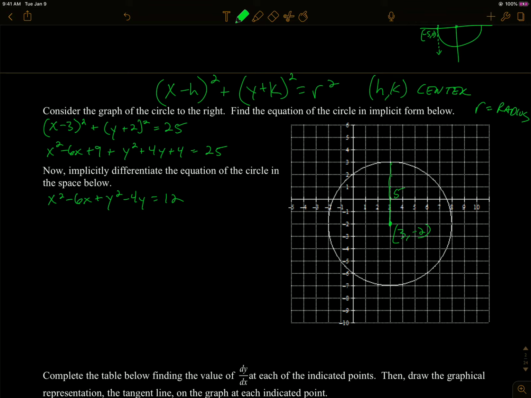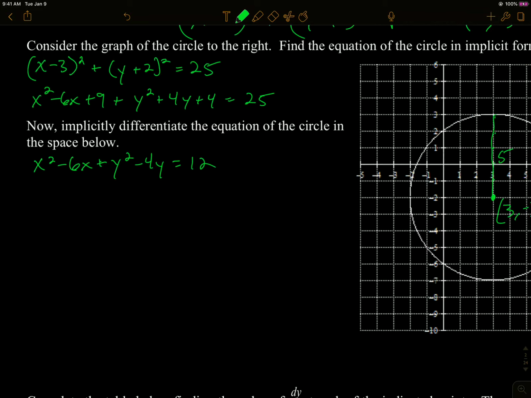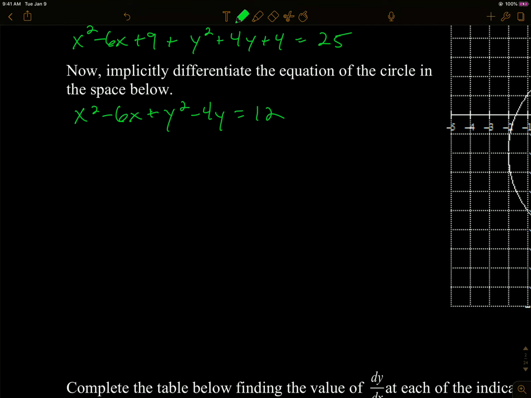Now, from here, I could take the derivative implicitly. So you just go term by term. I'm not going to write the d/dx for each term, but you would do this for each term. The derivative of x² with respect to x is 2x times dx/dx. The derivative of −6x is −6 times dx/dx. Plus y² is 2y times dy/dx.